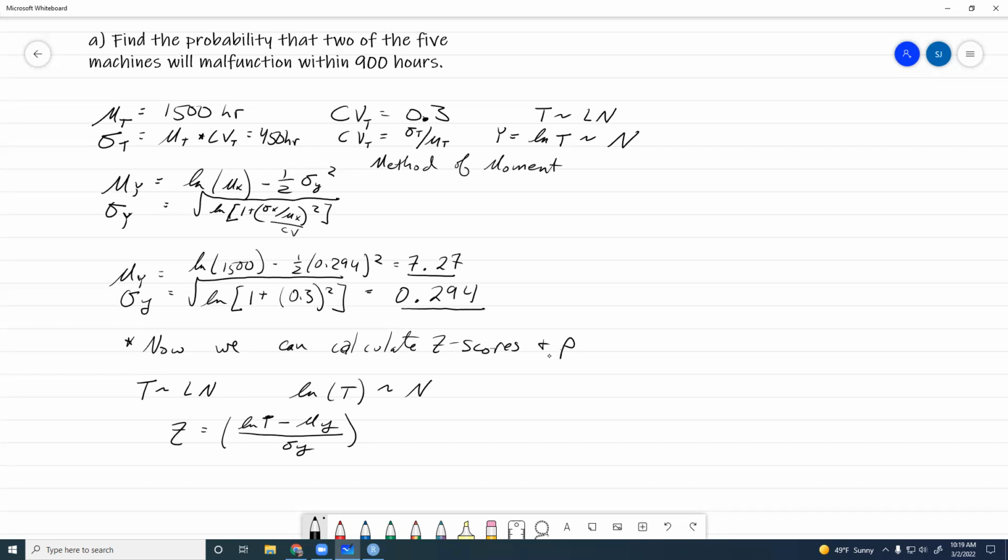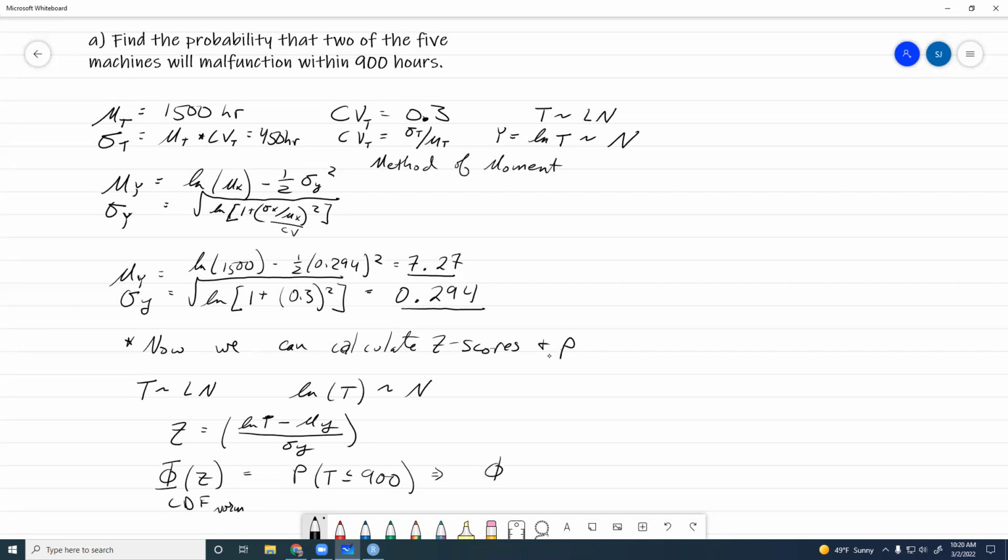And remember, if we plug this z value into phi, this is the cumulative distribution function for the log-normal. Then the cumulative distribution function is the same as saying, what's the probability that t is less than or equal to some value? In this case, it's 900. So we'll just plug that in and calculate a z-score.